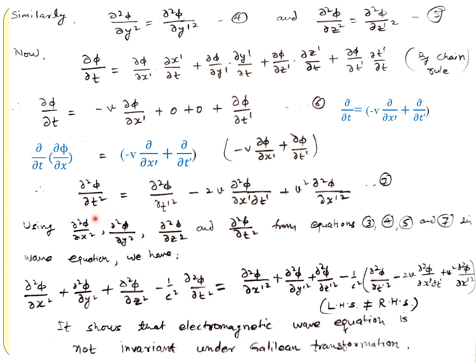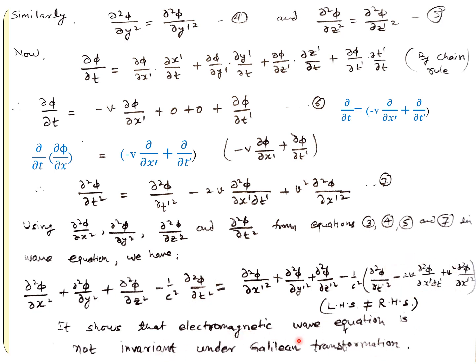So if we put all the values of the primed coordinates in equation number 1, we will find that there are some extra terms. So the left-hand side does not equal the right-hand side, because the space coordinates are showing the correct form, but the time coordinate has some extra terms.